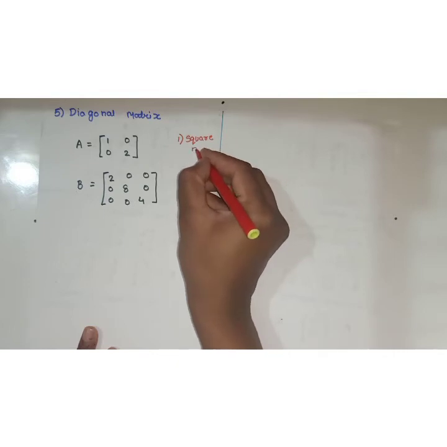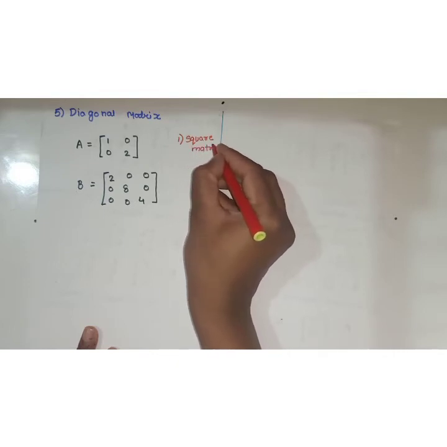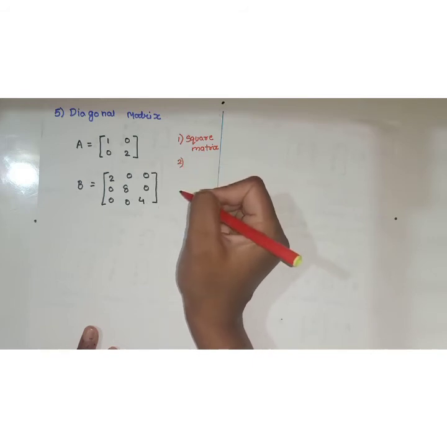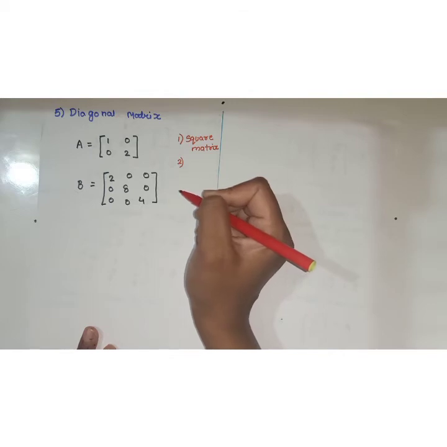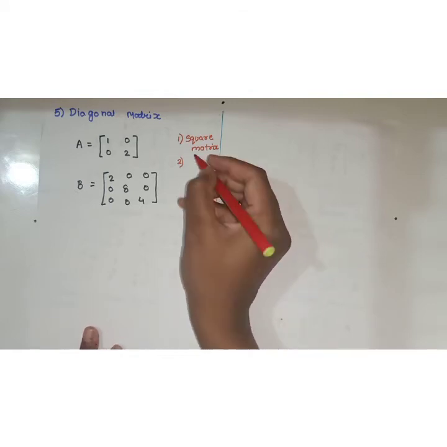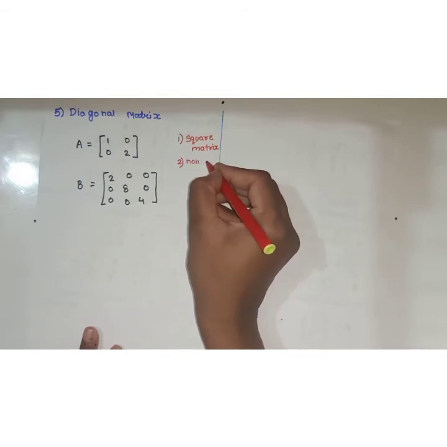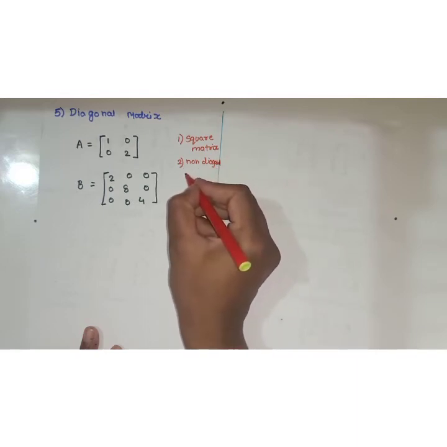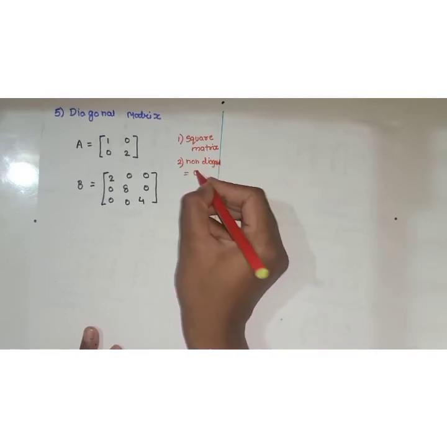Then the second thing is, every non-diagonal element is 0. The second condition needed is that non-diagonal elements must be equal to 0.